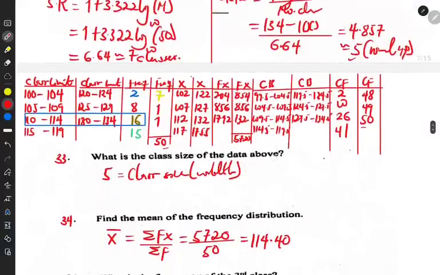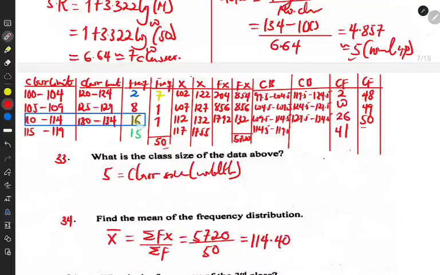So go back and then be counting for us to get what? A cumulative frequency of 25, right? The class that we can get 25. So we can clearly see that here we have 2 plus 8, 10, 10 plus 16, 26. So that means that the median value will fall in between what? 110 to 114.